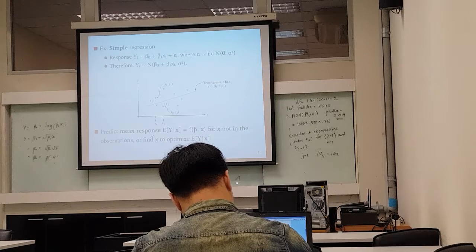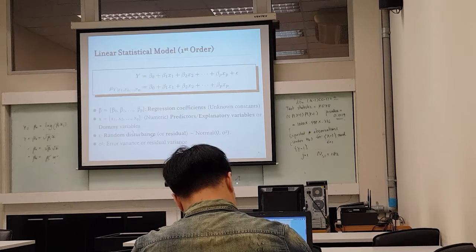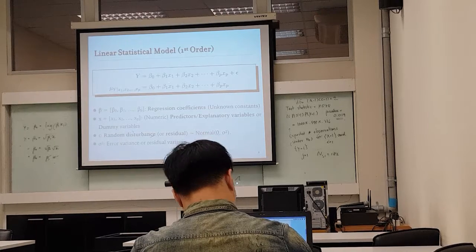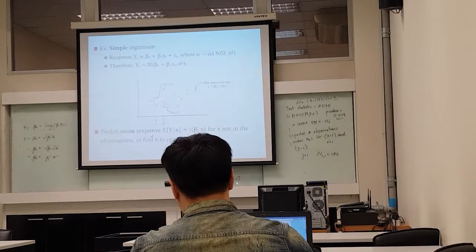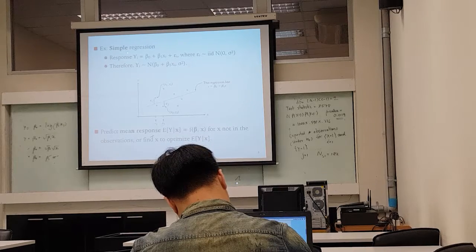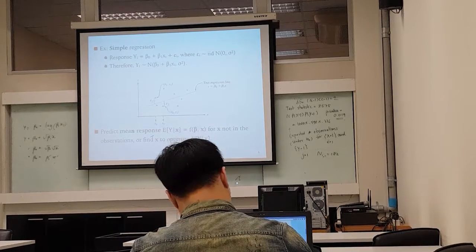If you have a single predictor, you have beta 0 plus beta 1 x1. If your model contains only one predictor, we call it a simple regression.